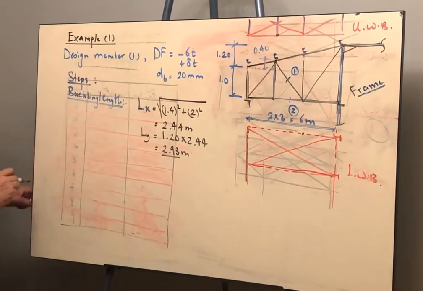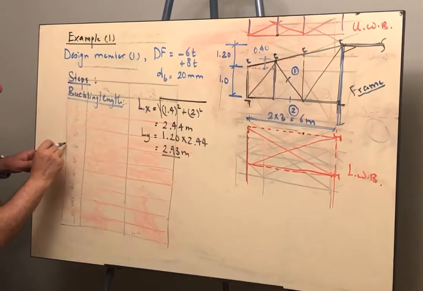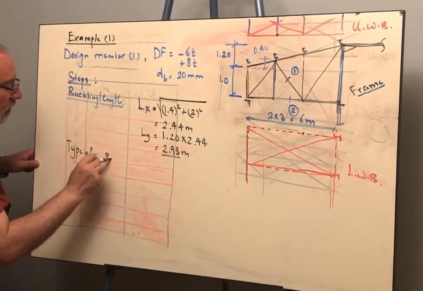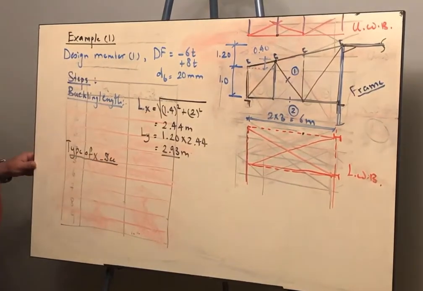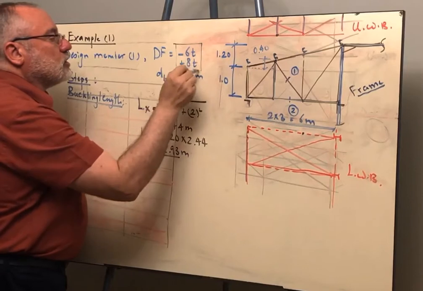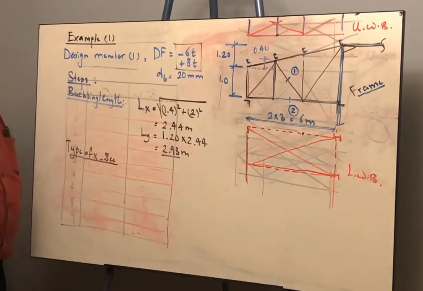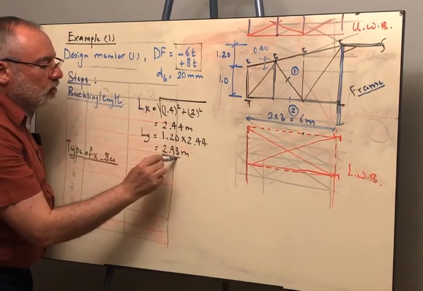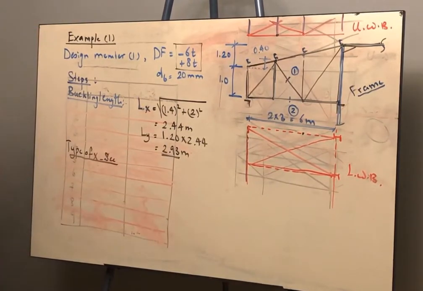Now, the type of cross section. The design force that we have, either tension or compression, is less than 8 tons in magnitude. And the largest buckling length is 2.93, which is less than 3 meter.